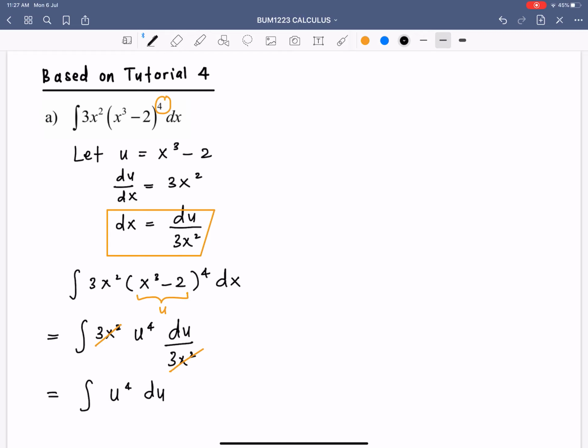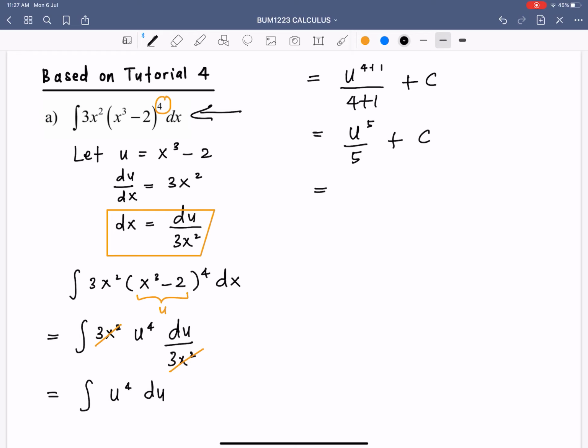So this is equal to u power of 4 plus 1 over 4 plus 1 plus c, where this is u power of 5 over 5 plus c. And don't forget, your final answer must be in terms of the original variable of the question, where in this case, your original function is given in terms of x.